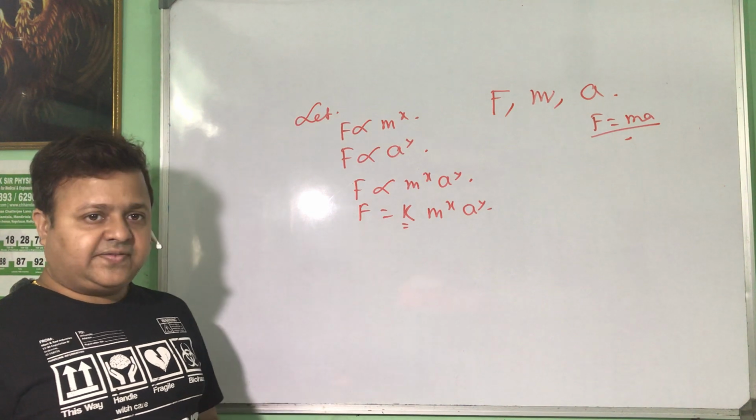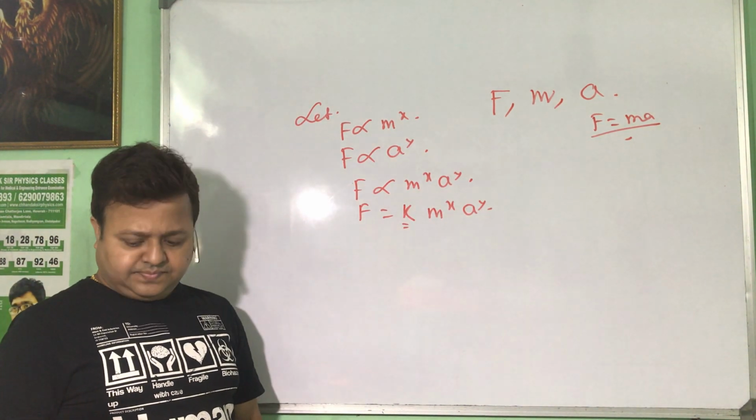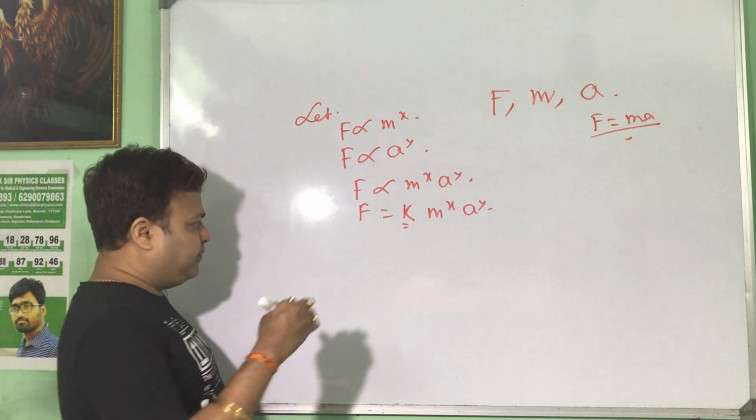So this is the equation in physics. So the dimension in the left hand side must be equal to the dimension in the right hand side. What is the dimension in the left hand side?